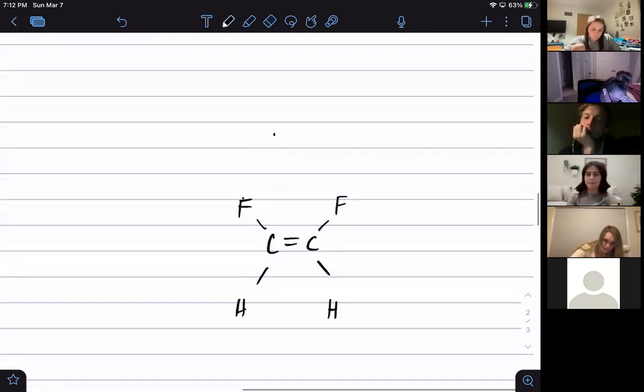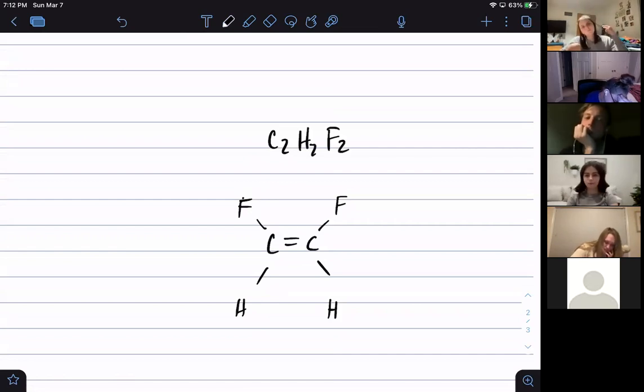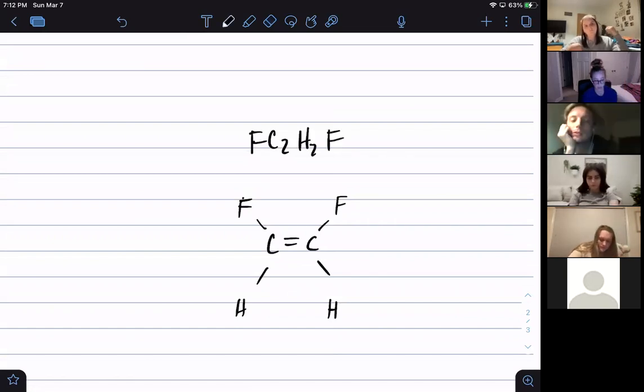So you'll have it be C2, and then he'll say that's going to be H2, F2. Or he might place one F here and another F here. Or do something weird with the C's, because technically when you name this, it would be a C, H, and then he'll do this. He'll put the C's on the outside to trick you.